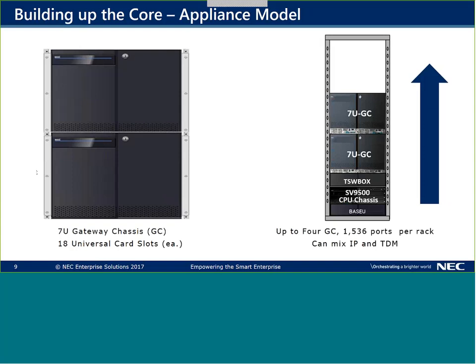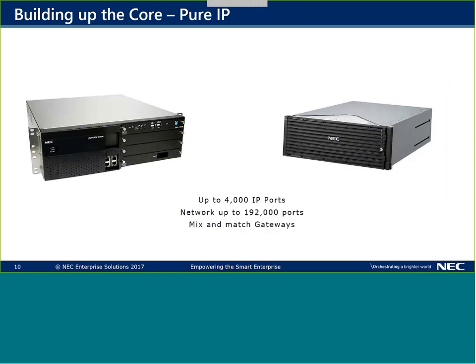We can fit 1,536 ports per rack, and that's inclusive of TDM and IP, and we can mix and match that. And of course, we can go well beyond 1,536 ports. I'm just showing you how to build it here.